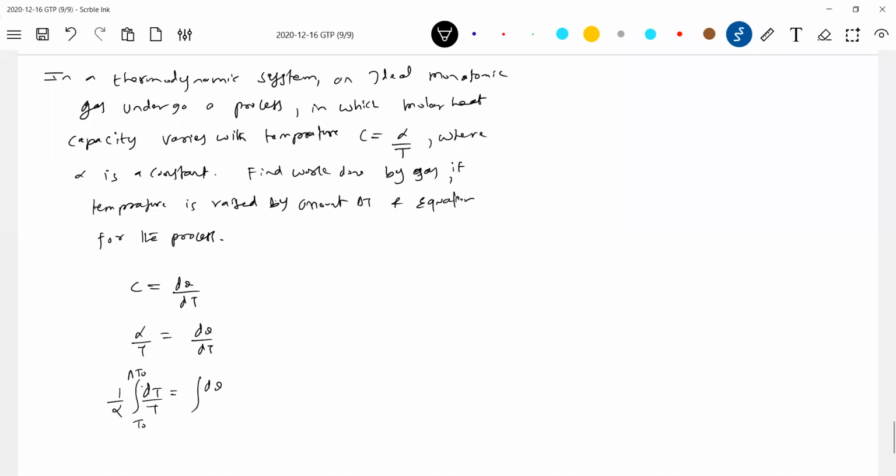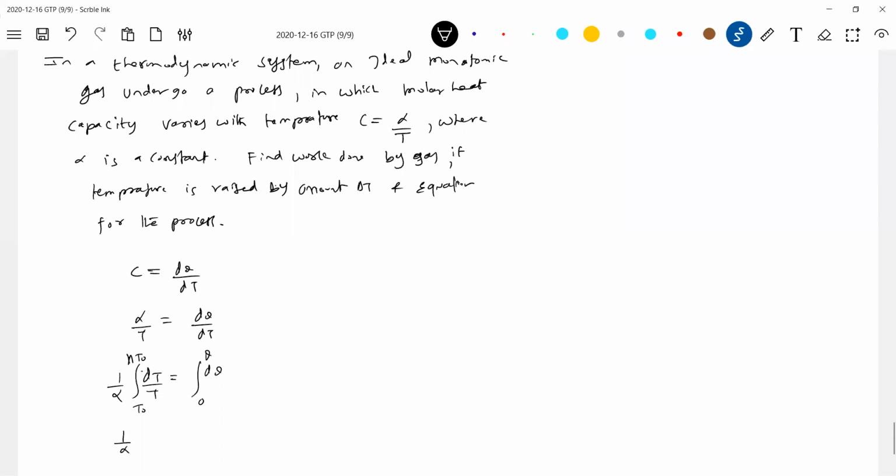Let the change in temperature be delta T or T1, T2, whatever. Let me write it in terms of eta. The heat supplied will be alpha log of eta T0 by T0. So finally Q equals alpha log eta.